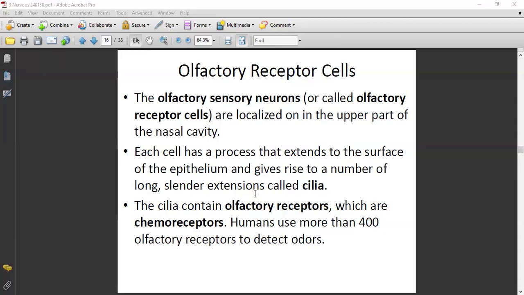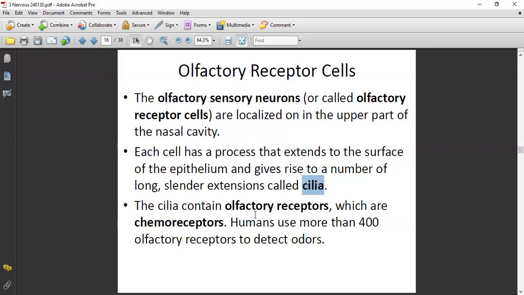So this one summarizes what we just talked about. You have the olfactory sensory neurons, also called olfactory receptor cells. Those are neuronal cells located in the upper part of your nasal cavity. This neuron has some dendrites. Here it's called cilia. Morphologically they just look like cilia, right? But basically in the nerve they are dendrites.